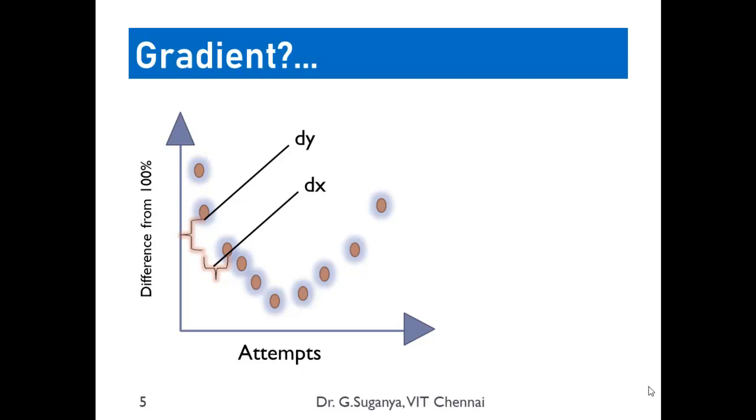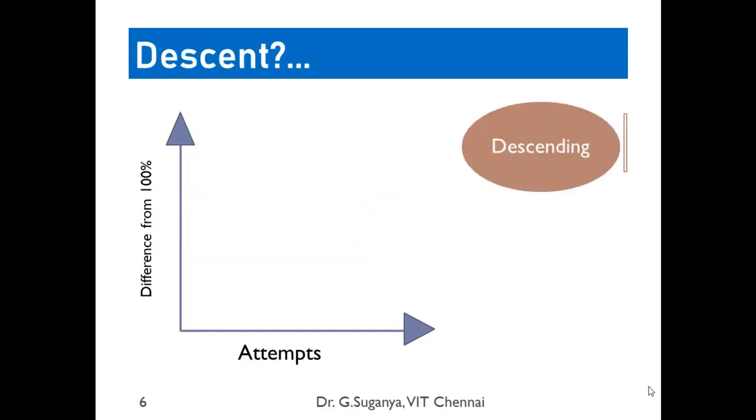Generally in physics or chemistry or in mechanics, we used to say dt by dx. Same thing here, it is dy by dx. Change in slope with respect to the change in your dependent variable is what we call your gradient.